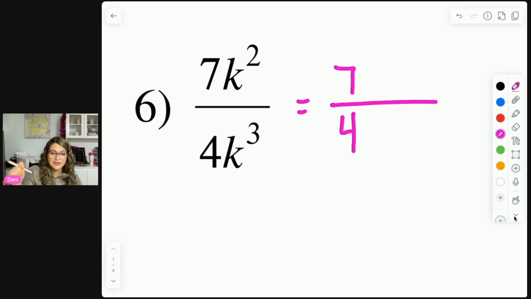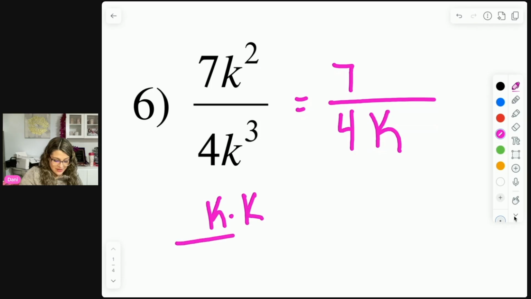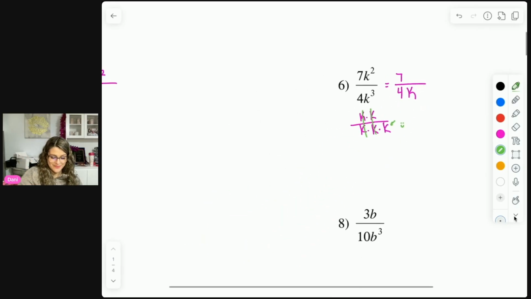So 2 minus 3 is negative 1. So you're going to write k on the bottom because that's where more of the k's are. That's where it's going to stay positive, because you're going to have k times k over k times k times k. That k is left on the bottom. You would like to keep it there. So 7 over 4k is the correct final answer for that problem.